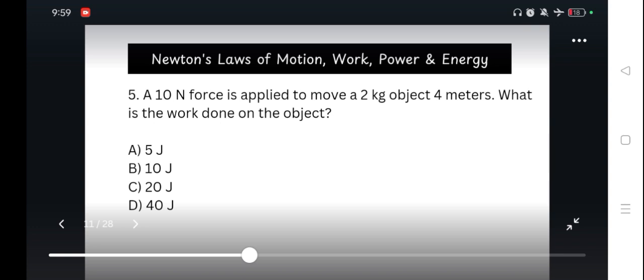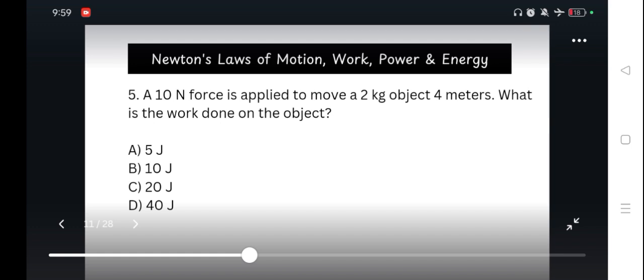So, the scientific perspective of work is that it is equal to the product of force and displacement. So it talks about the application of force that causes the object to move or displace.